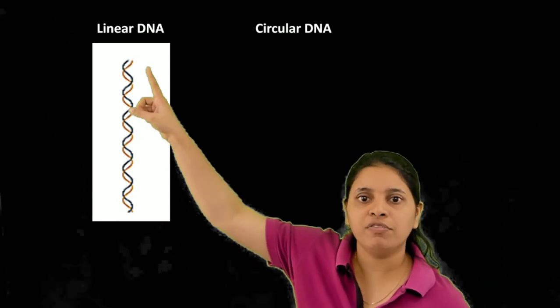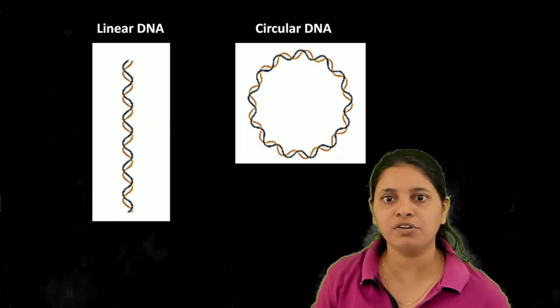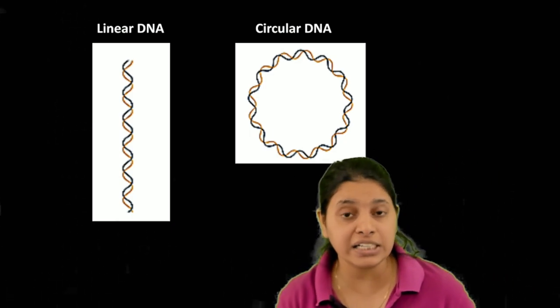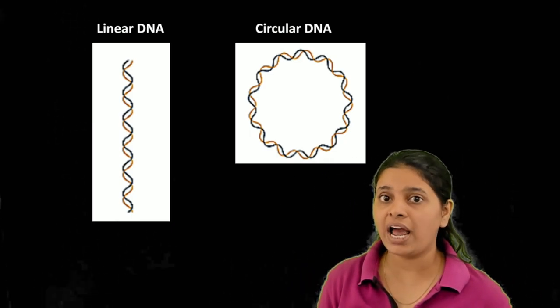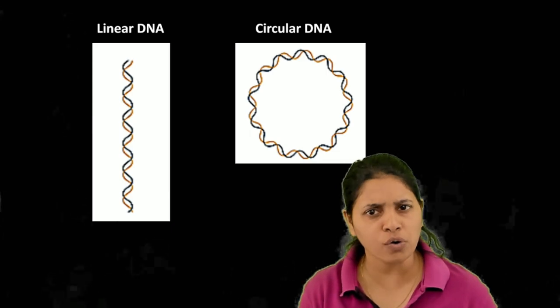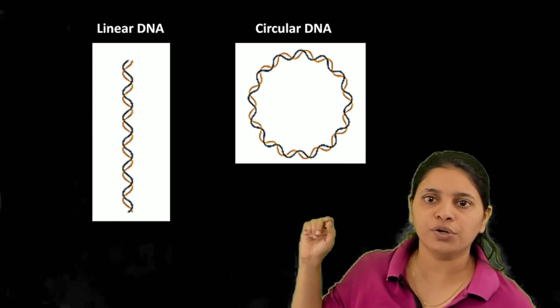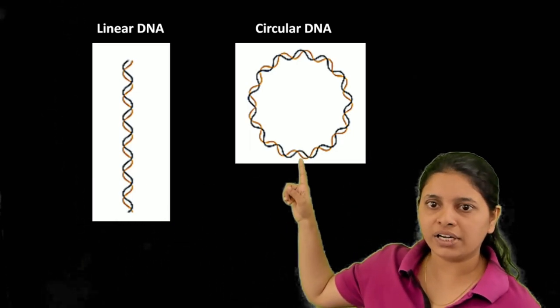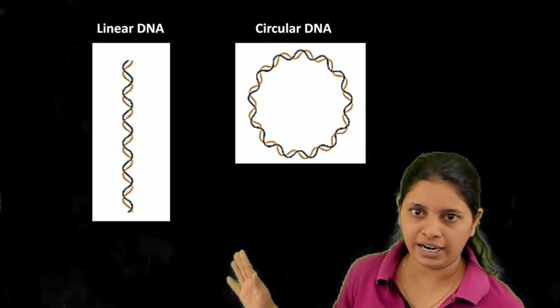Whereas if we join these ends, then it will form a circular DNA like this. So plasmid DNA, the bacterial genetic material, then we have mitochondrial DNA and chloroplast DNA, these are circular DNAs. So linear DNA will have free ends and circular DNA will not have free ends, right?